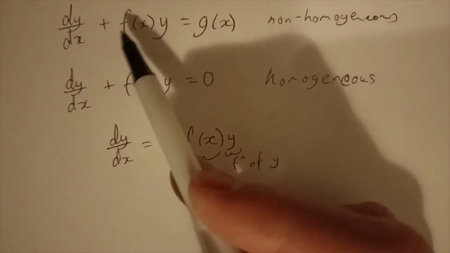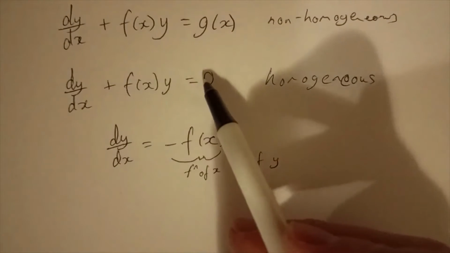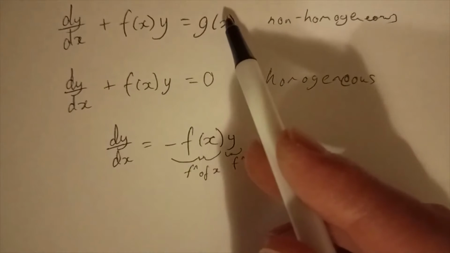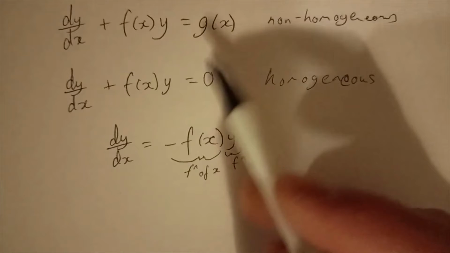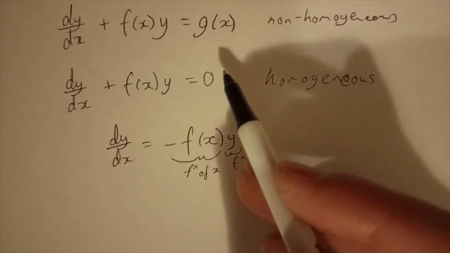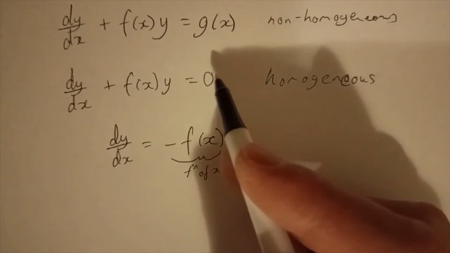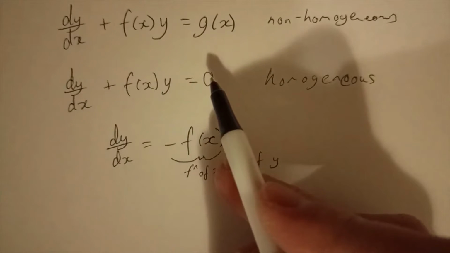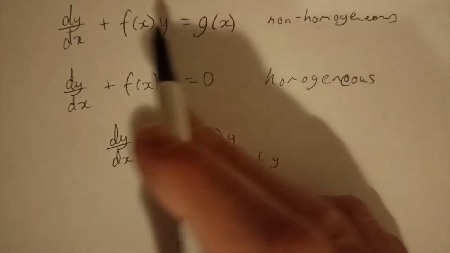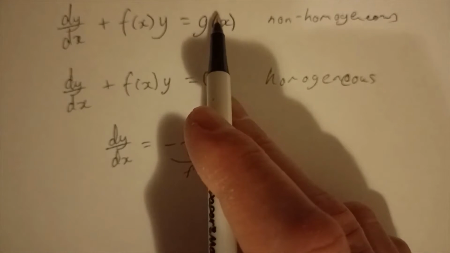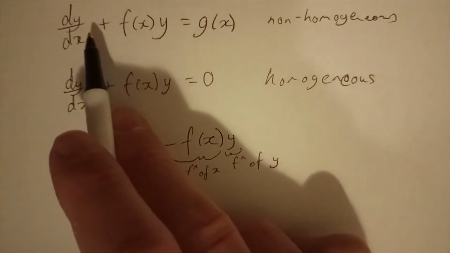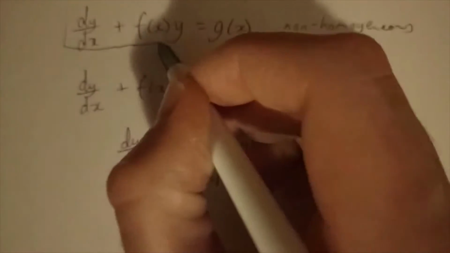Because these are both linear equations, and this is the associated homogeneous equation of this non-homogeneous equation, we can use a technique which will enable us to combine the general solution of this equation with a particular solution for this equation to get the general solution to this equation here.